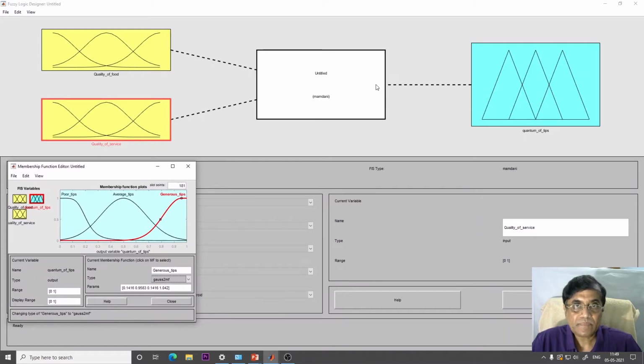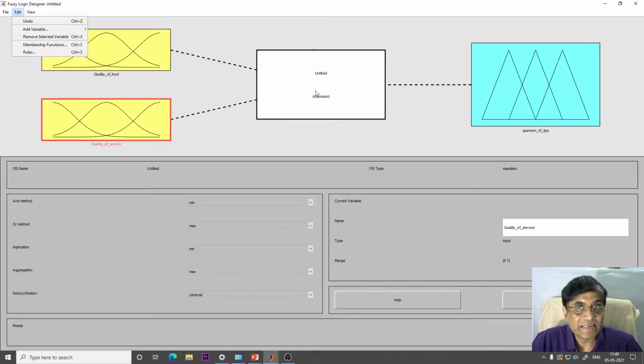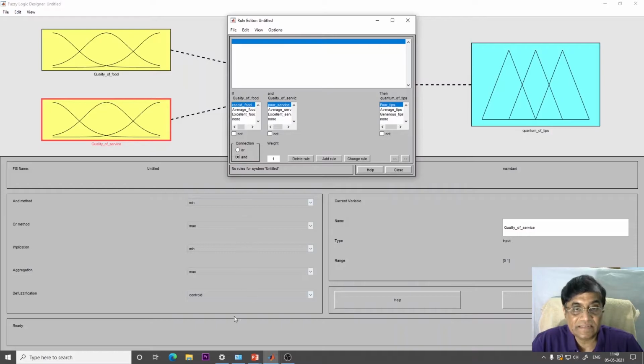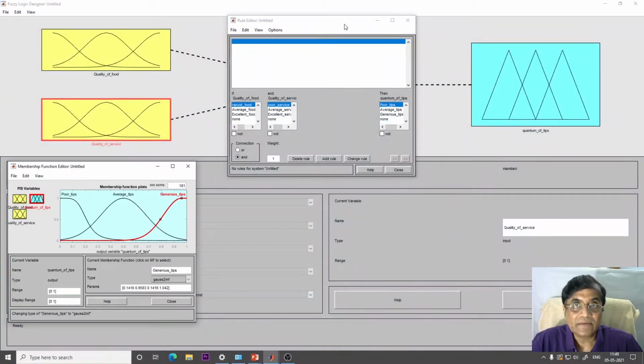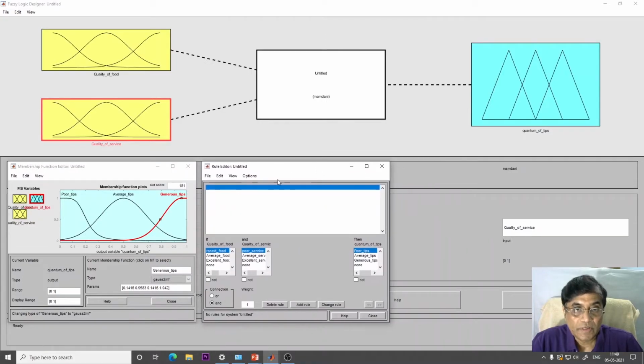Then what we'll have to do? I'll have to now design this. That means I'll have to write the rules. These are extremely important. So now you see I'm writing the rules. If the quality of food is rancid food and the quality of service is poor service, then the quantum of tips is definitely poor tips.